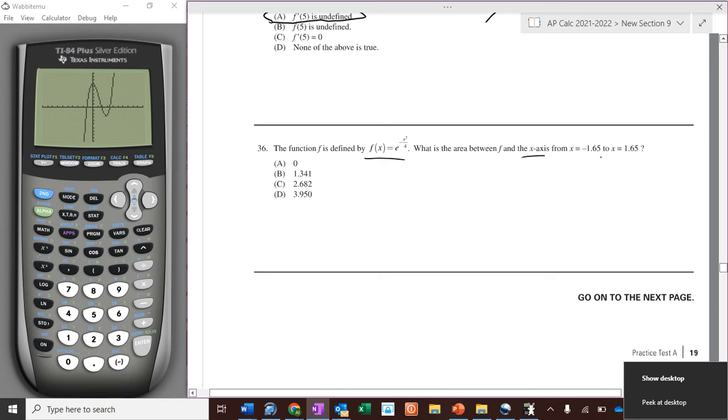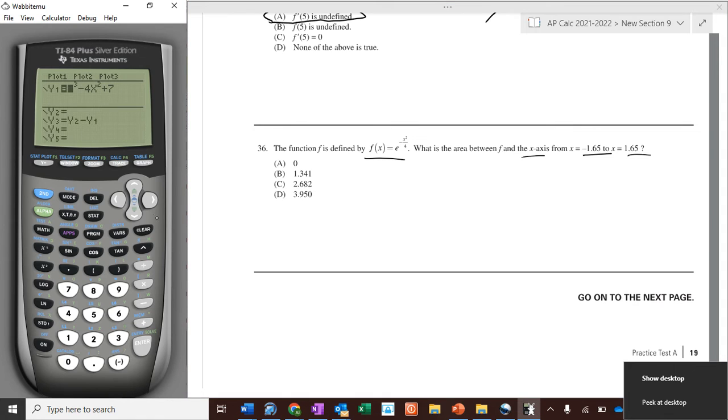Here's a function defined by that. What's the area between the x-axis from there to there? Well, this is a simple calculator problem. So it's e to the negative x squared over 4, graph it. Is it negative x squared? Oh, I can't read.